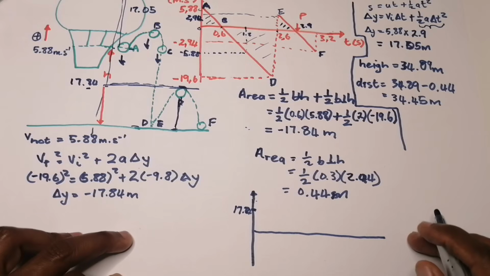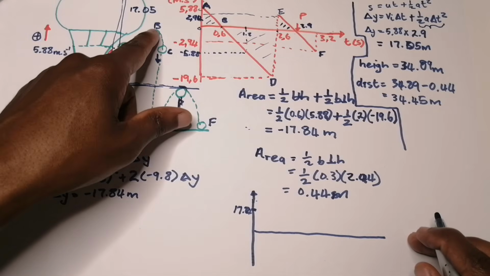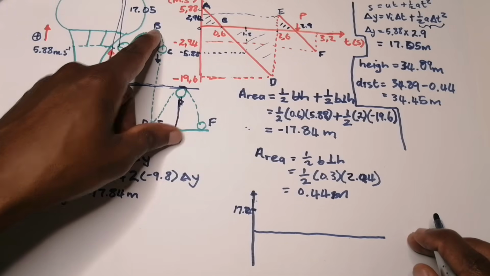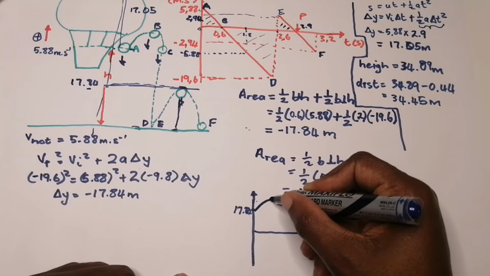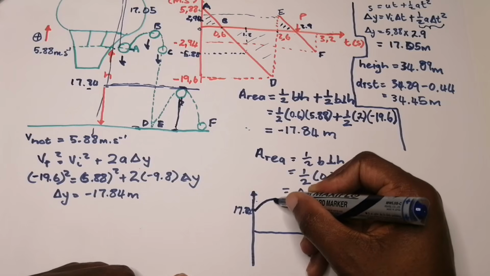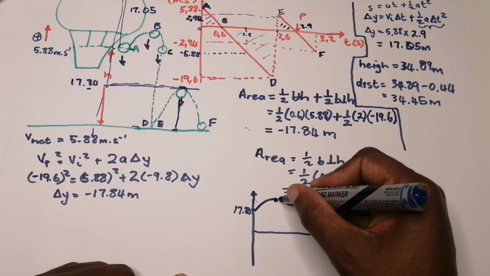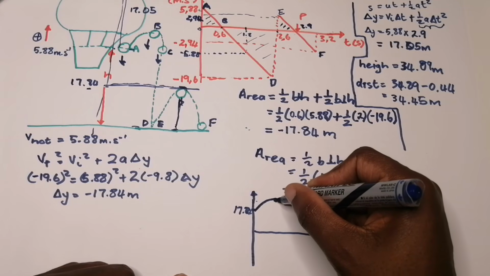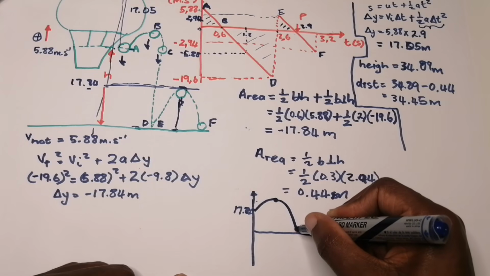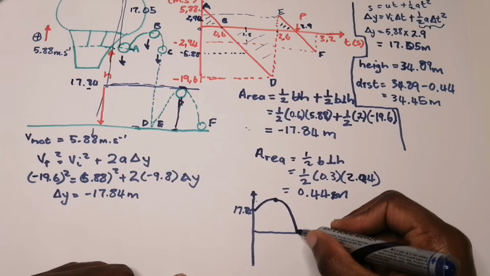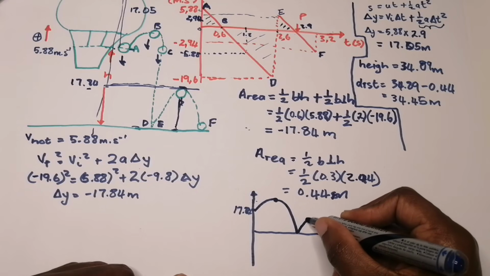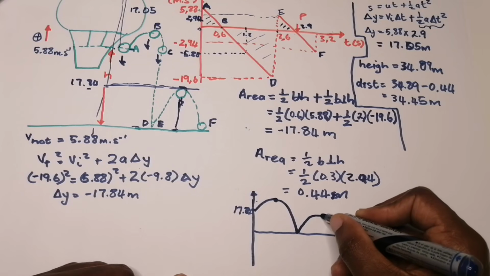So it would start at 17.84. And what would happen? It went further up. We don't know how far up it went. It reached the maximum height, and then it came back down, touched the ground, and upon touching the ground it bounced and reached a next maximum height.